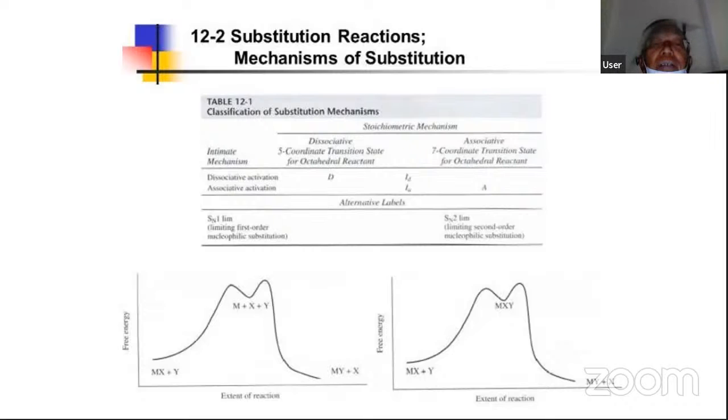You can see in some cases the intermediate is formed very fast, in some cases very slow, and the product very fast. So the energy profile is an important thermodynamic property to describe whether the reaction is favorable or not, making use of the Gibbs free energy. Okay, next slide.